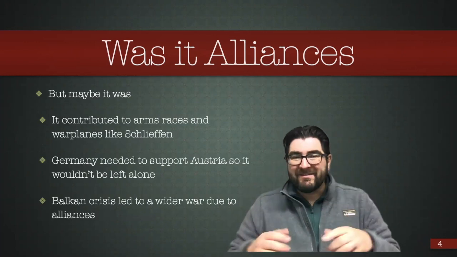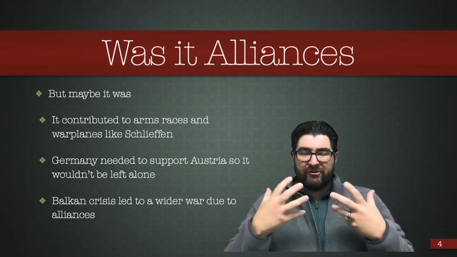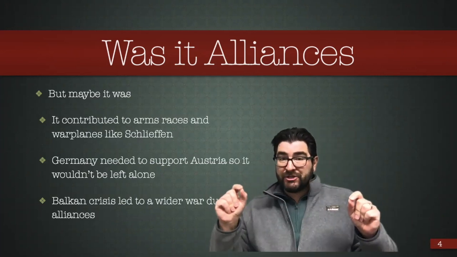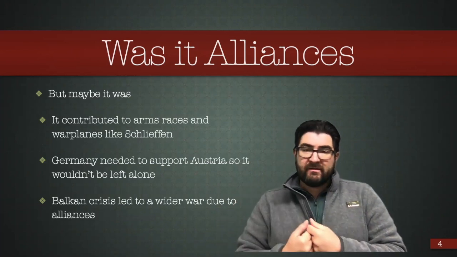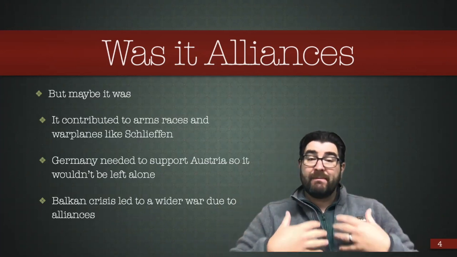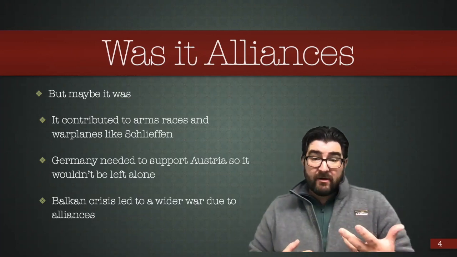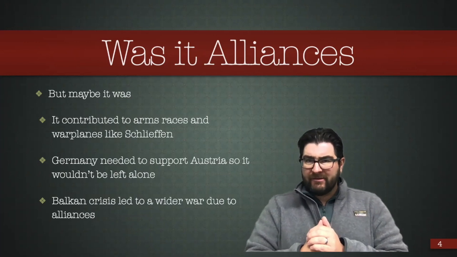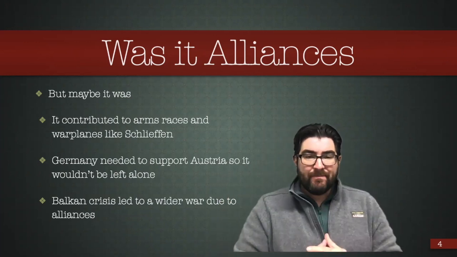Or maybe it was. The alliances contributed to the arms race, as Germany was recognizing that it was encircled by France and Russia, that could push Germany to build even greater militaries to defend against both of them, maybe to expand its navy as well. It contributes to the war plans that are being developed, like the Schlieffen Plan. There is no Schlieffen Plan unless Germany has to deal with an alliance of France and Russia.